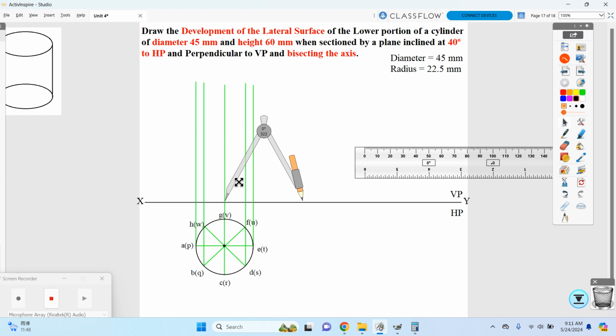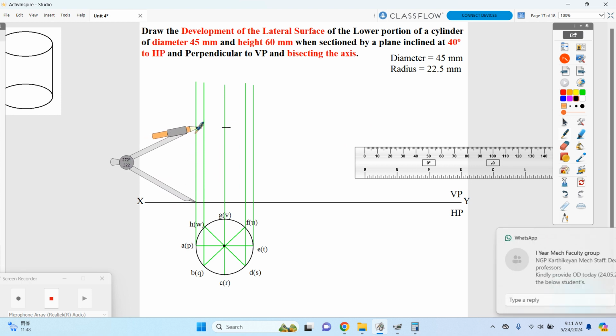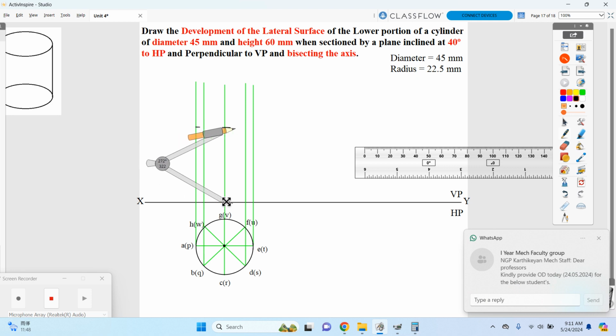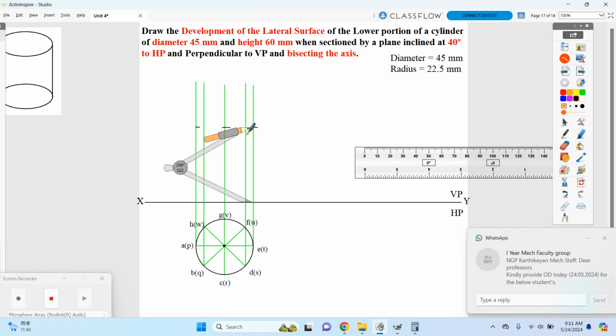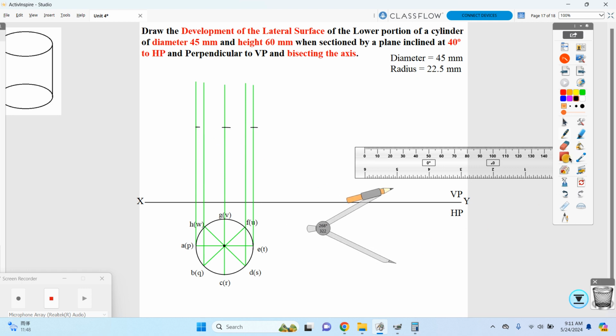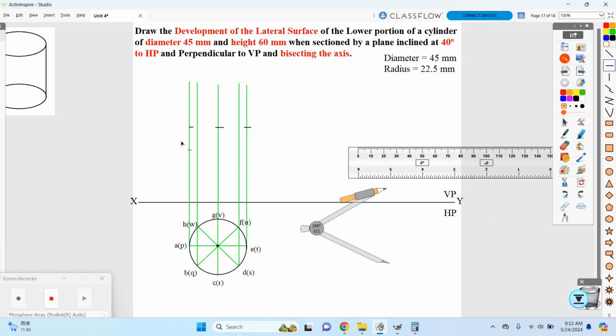I am going to place it over here and cut an arc on this condition. Similarly, moving and placing over here and cut an arc. Then here, if required, you can cut another arc over here also. After this, I am going to join all the points.